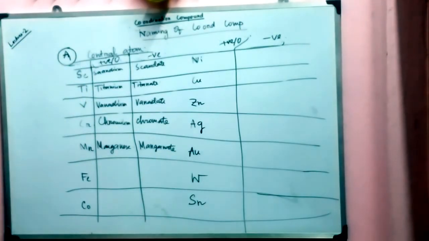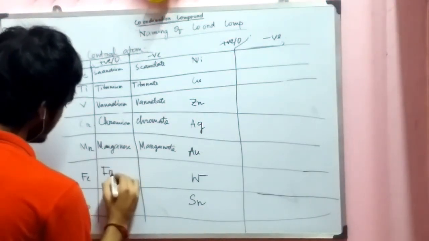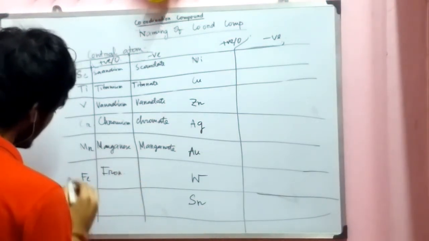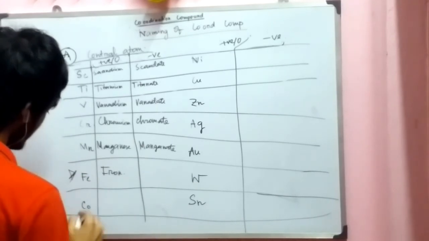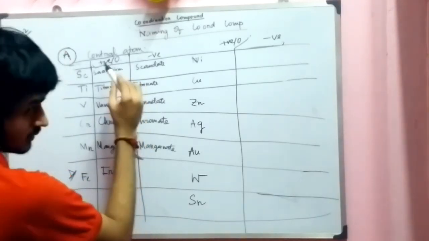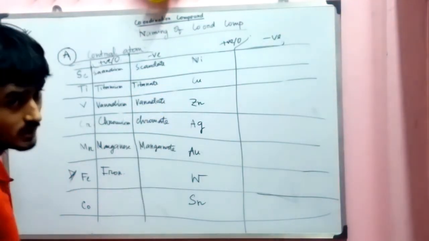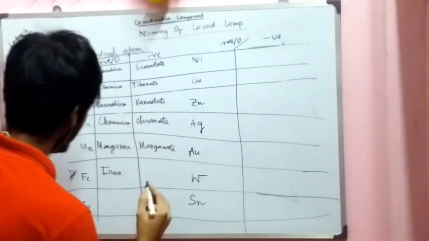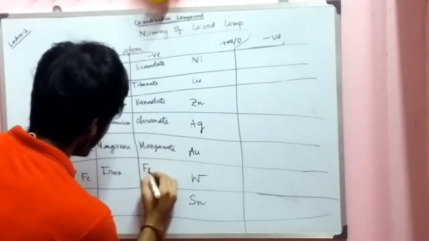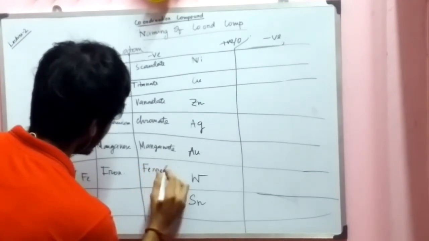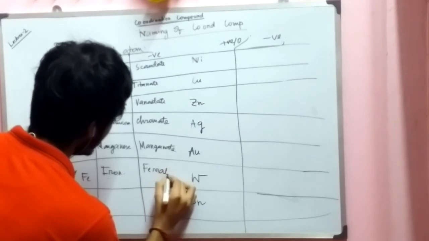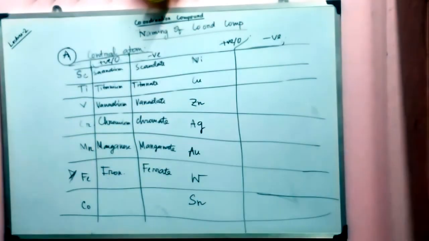Okay, this is iron, and here comes the exception. Iron, here it is positive or 0 charge, and if the coordination sphere has negative charge, it will be ferrate, ends with ATE.